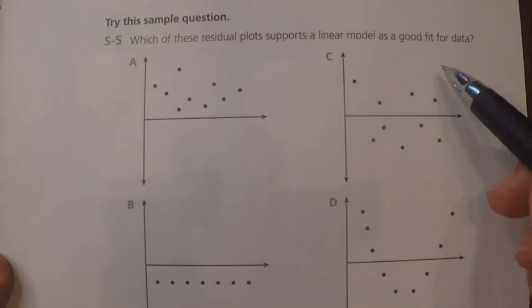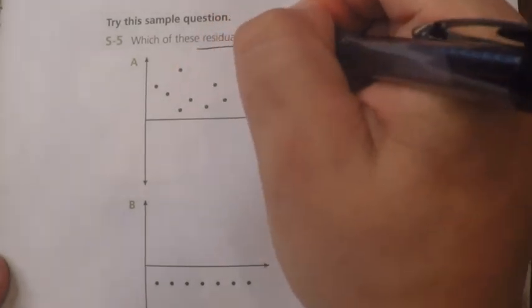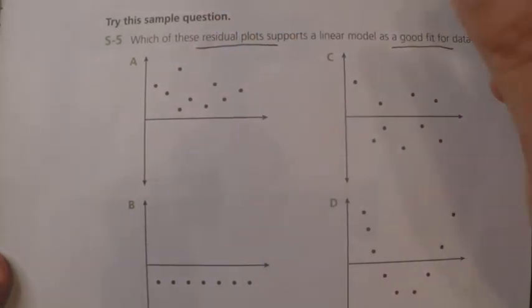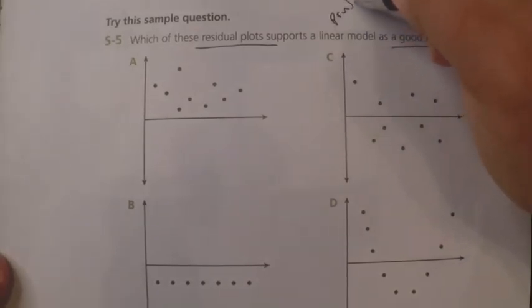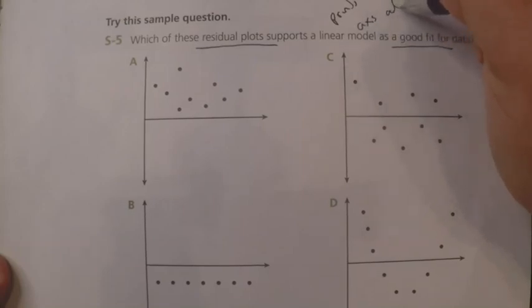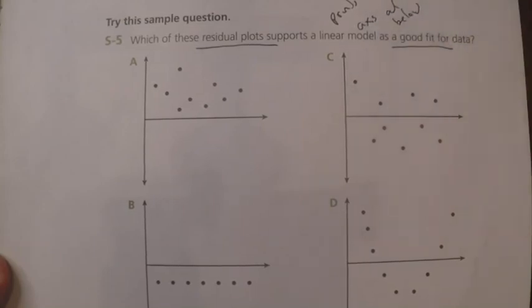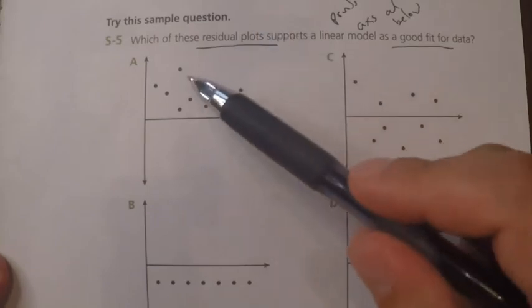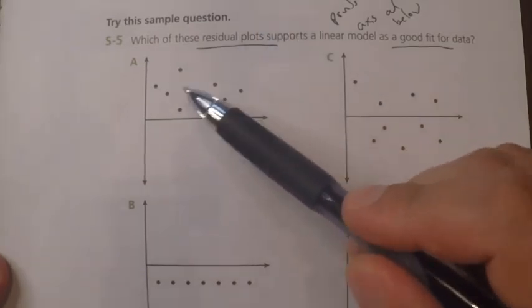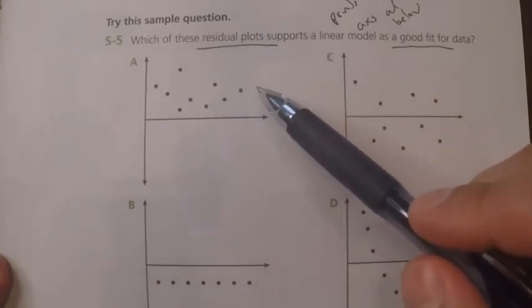When we have residual plots, if it is a good fit, that means there are going to be points above the axis and below, because remember, this is how far they are away from the line of best fit. If we drew a line of best fit here, all of these actual values are above the line of best fit, so this would not be a good fit.